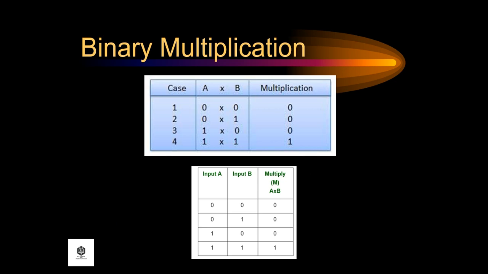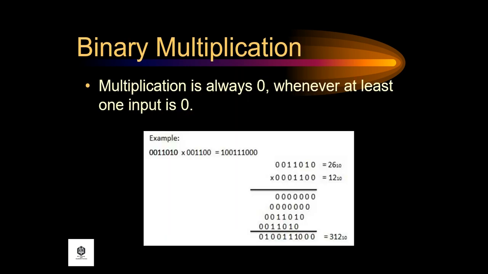First rule, 0 times 0 is equal to 0. Second, 0 times 1 is equal to 0. Third, 1 times 0 is equal to 0. And the fourth rule is 1 times 1 is equal to 1. Multiplication is always 0 whenever at least one input is 0.